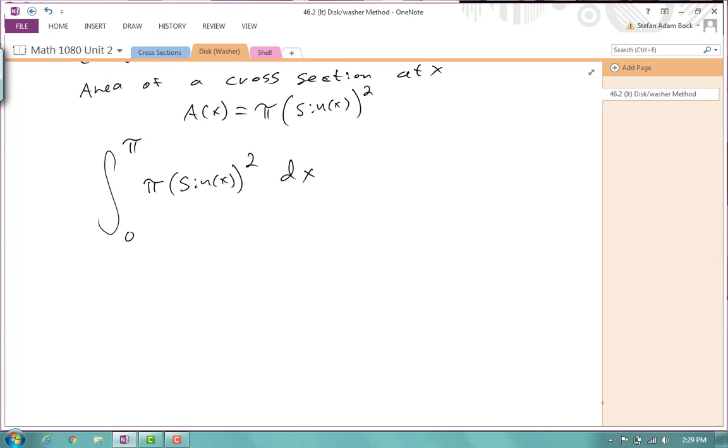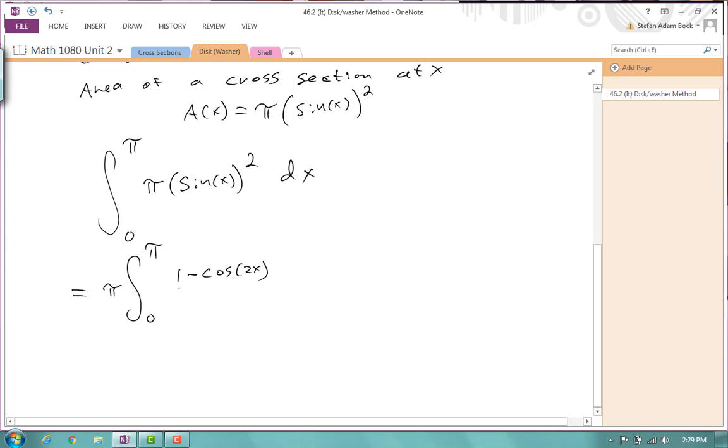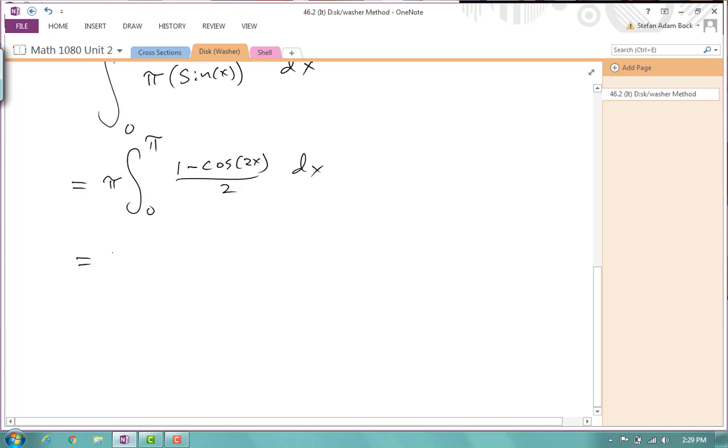But if I want to evaluate this integral, I'd have to evaluate the integral of sine squared of x, but we know how to do that from section 7.2. And to do that, I would have to use one of those half-angle identities. So this is 0 to pi. Sine squared of x becomes 1 minus cosine of 2x over 2. So I have pi over 2 out here, and a 1 minus cosine of 2x in here.